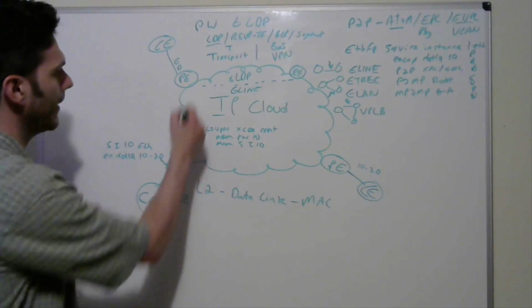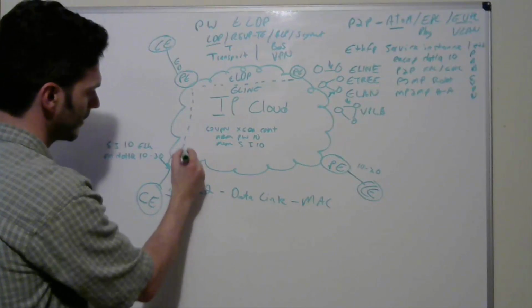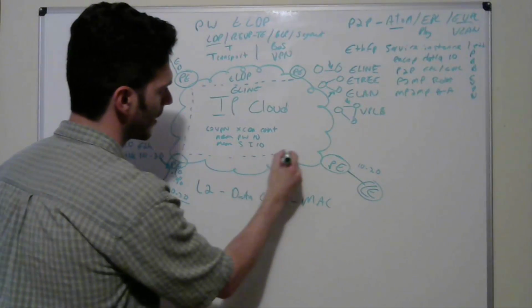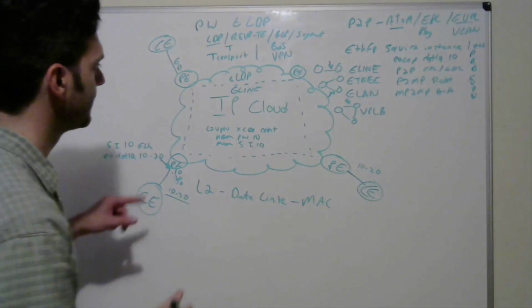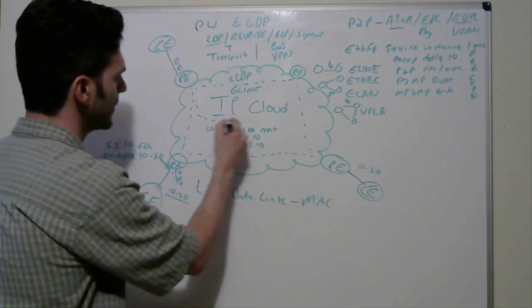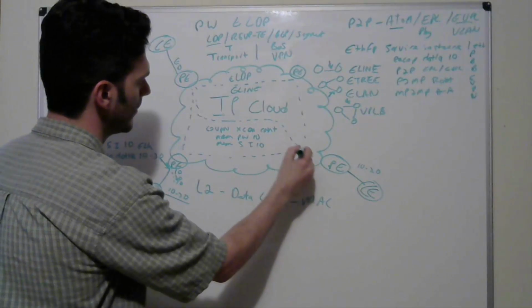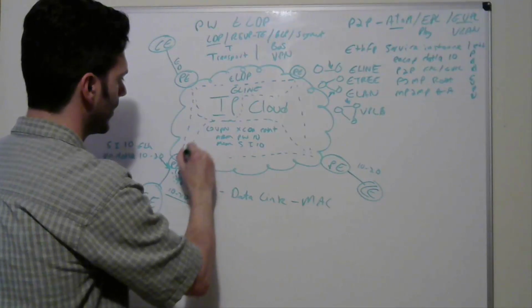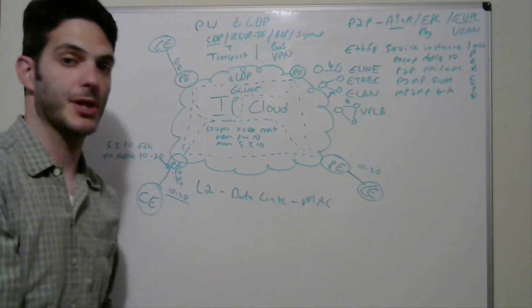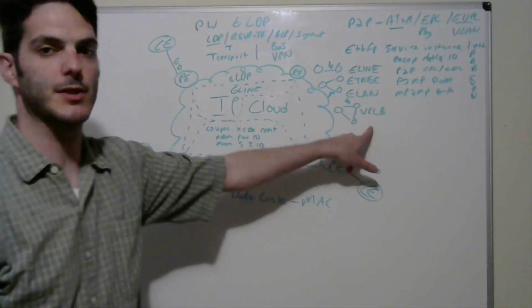If I'm going to do a VPLS connection, something like this, where all these routers are talking to each other, what's going to end up happening is they have to have some sort of communication between them. And this guy over here. So you have a full mesh of communication, right? This is where the VPLS comes into play.